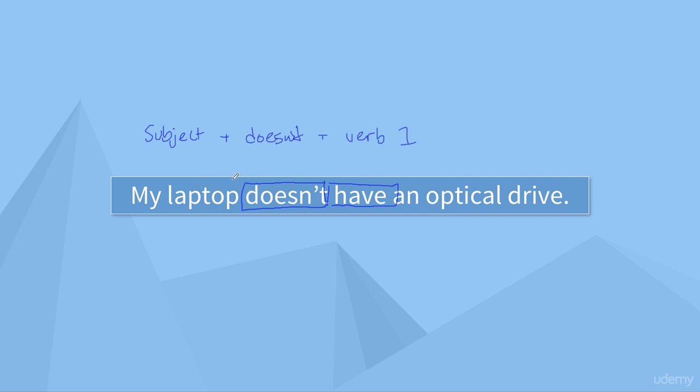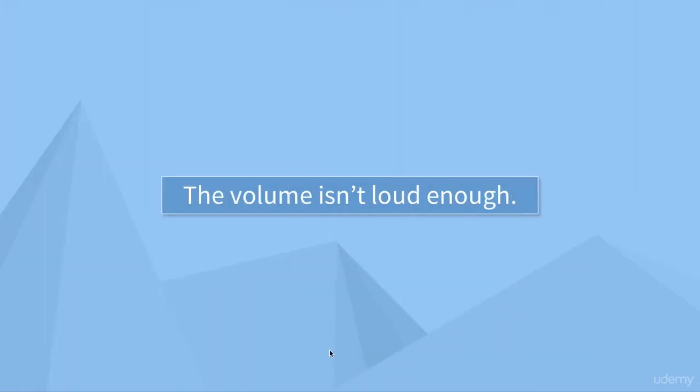What doesn't have? My laptop. Doesn't have an optical drive. It doesn't have a DVD player or a CD player or a Blu-ray player. And my laptop is what? Is it. My laptop doesn't have an optical drive.